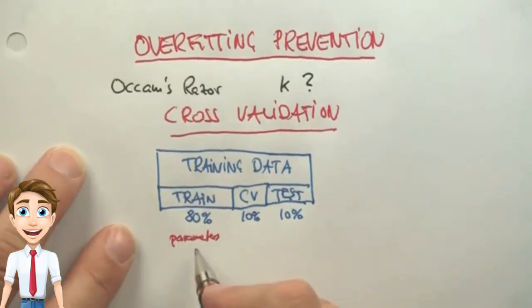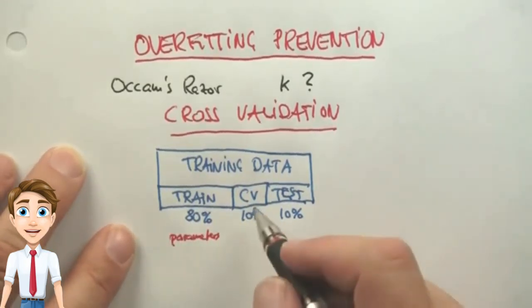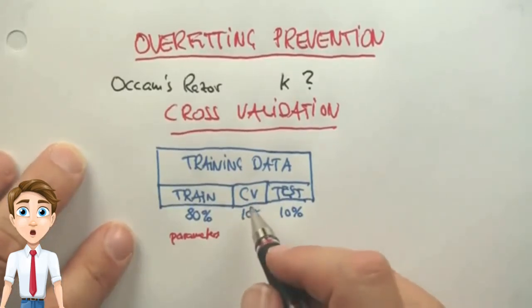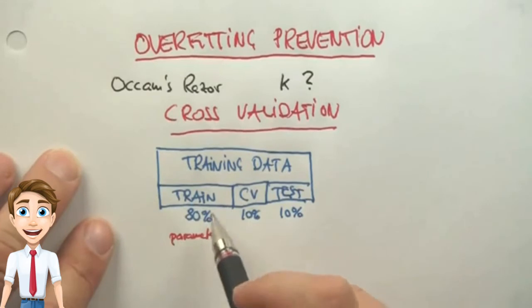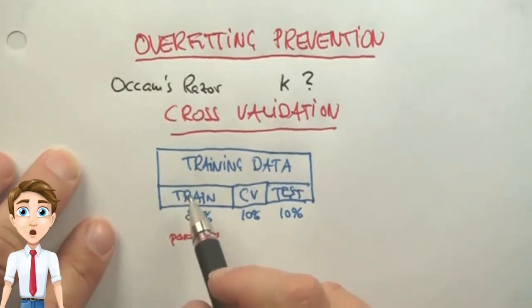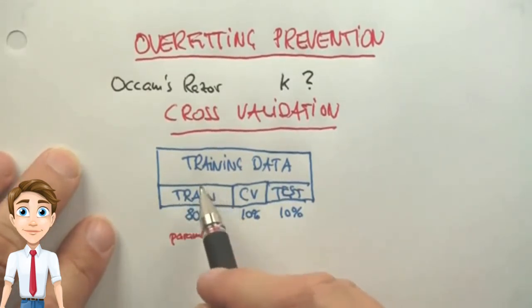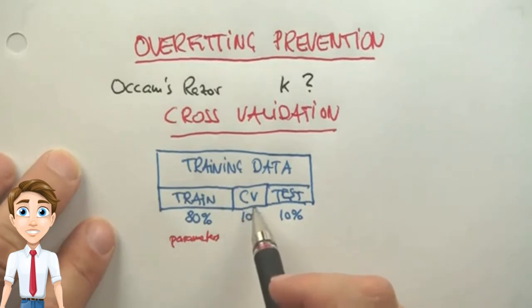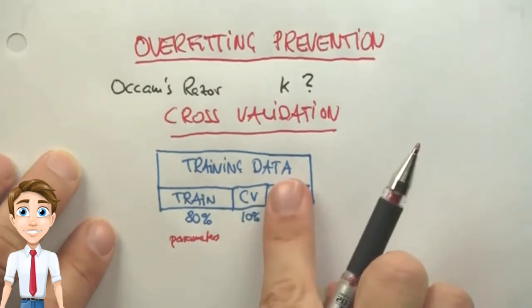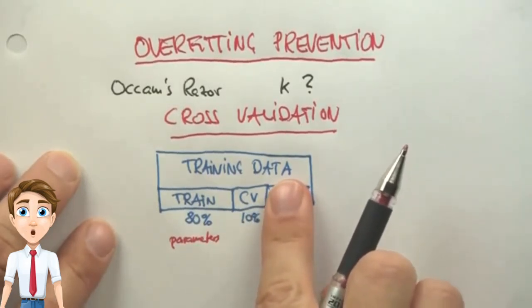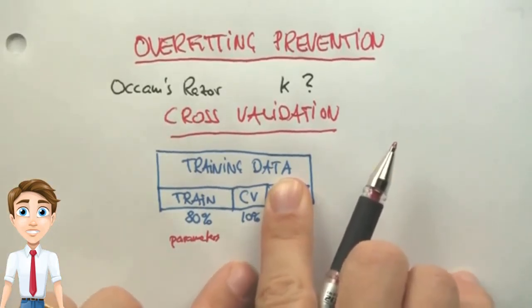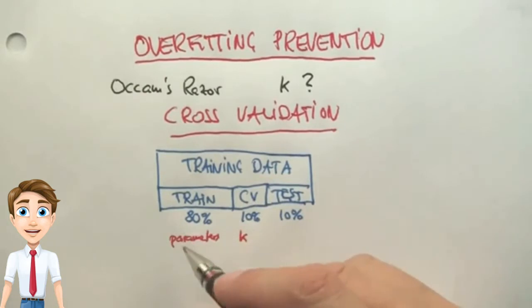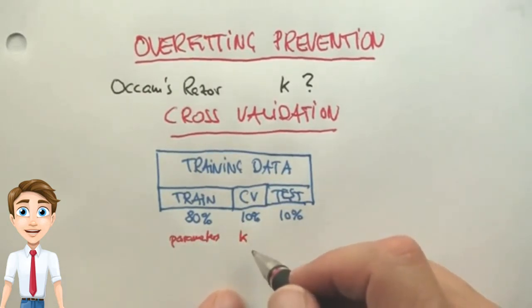For example, the probabilities of a Bayes network. You use your cross-validation set to find the optimal K. And the way you do this is, you train for different values of K, you observe how well the trained model performs on the CV data, not touching the test data, and then you maximize over all Ks to get the best performance on the cross-validation set. You iterate this many times until you find the best K.